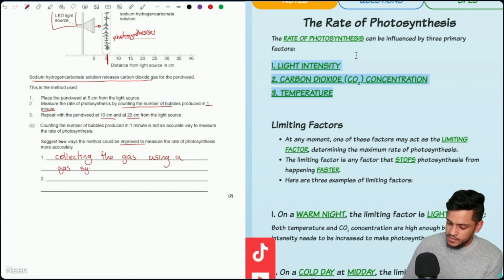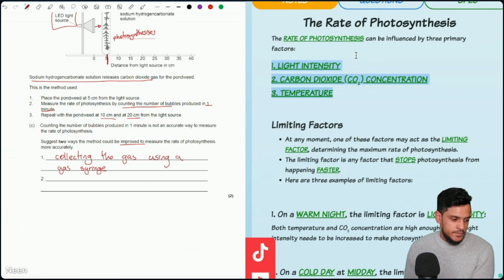But I think saying collecting the gas is fine. You get the marks for saying collecting the gas. Actually, no, you wouldn't get the mark for that, because you have to be able to measure it. You have to measure the volume of gas. So collect it and measure it is what you need to say. Collecting gas using a gas syringe, that'll get you a mark.